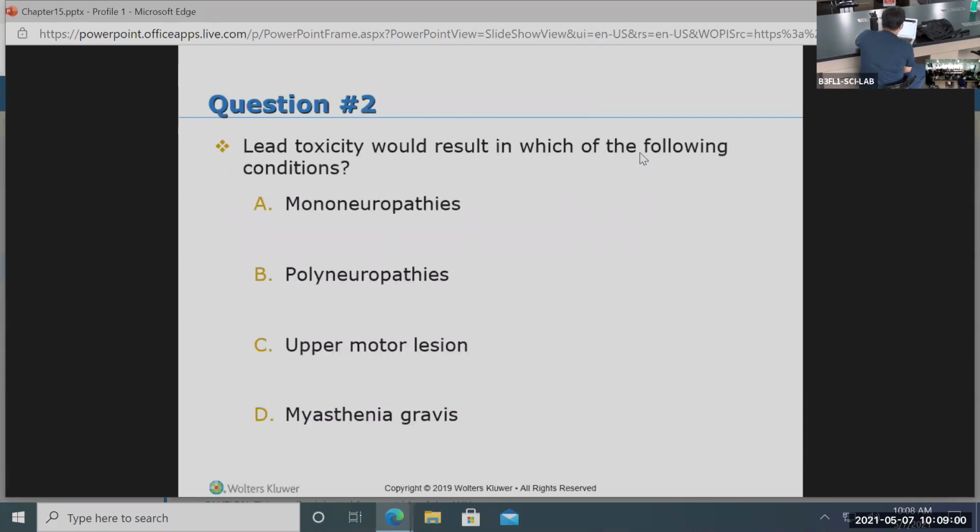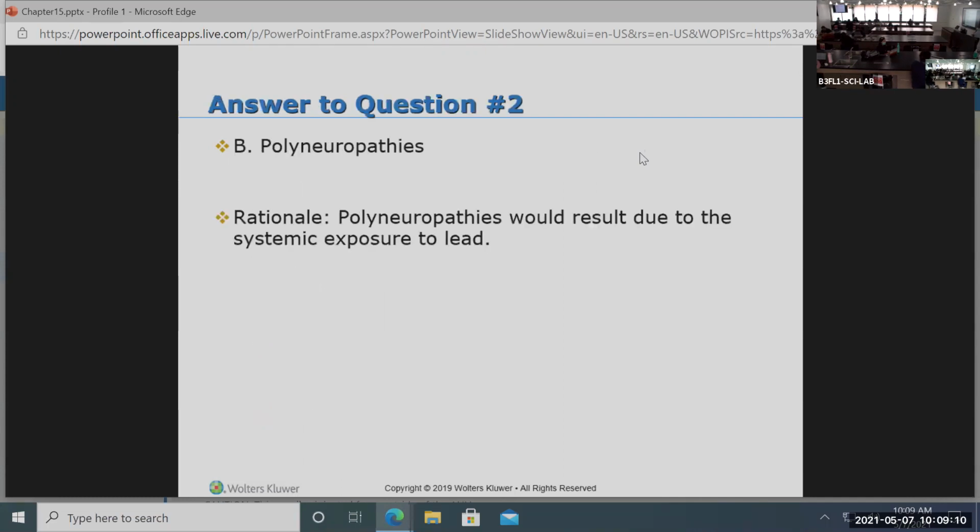Okay. So lead toxicity would result in the following conditions. There's a polyneuropathy. So lead, arsenic, alcoholic. I mentioned Guillain-Barré, ALS, and multiple sclerosis.